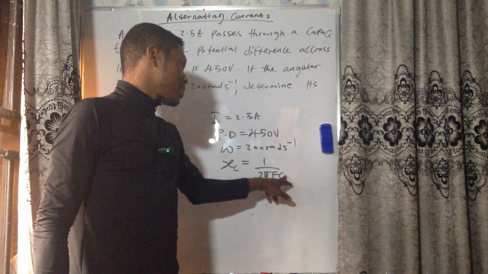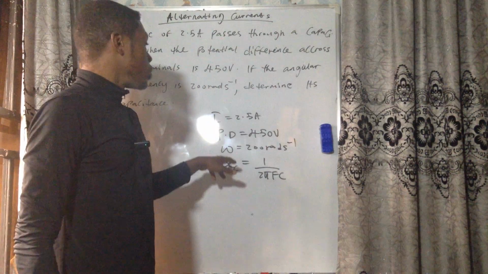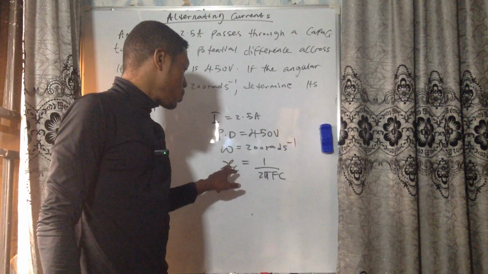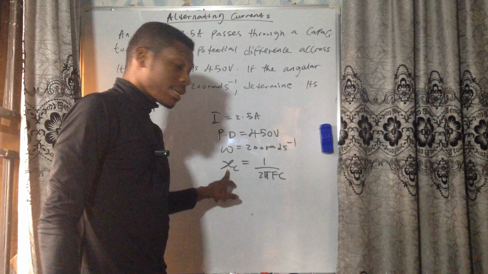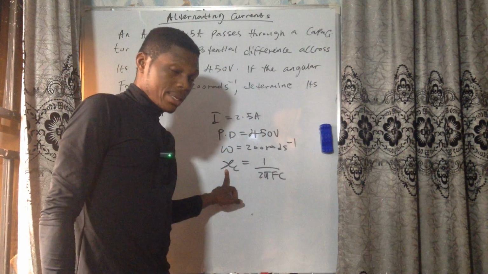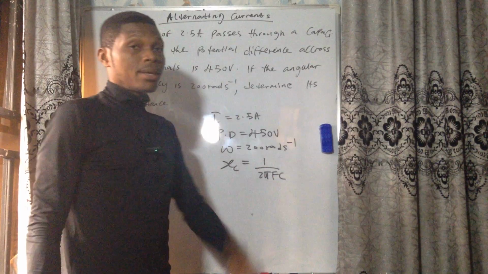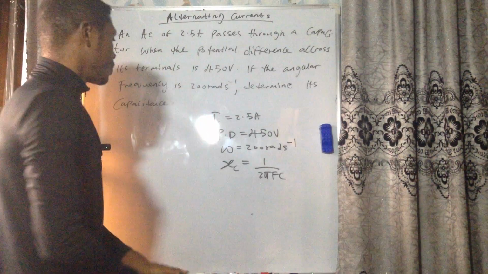The lower the reactance, the higher the capacitance. And the lower the capacitance, the higher the reactance. The higher the capacitance, the lower the reactance. So they are related by this equation.